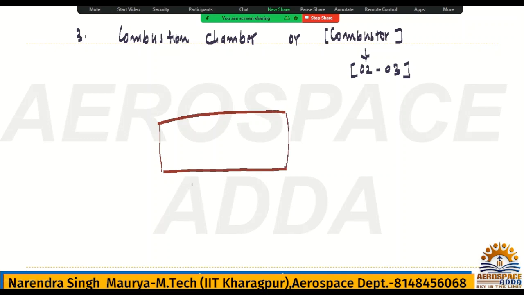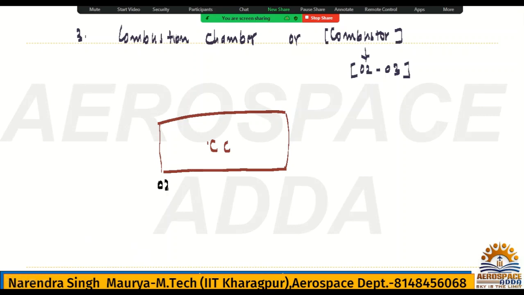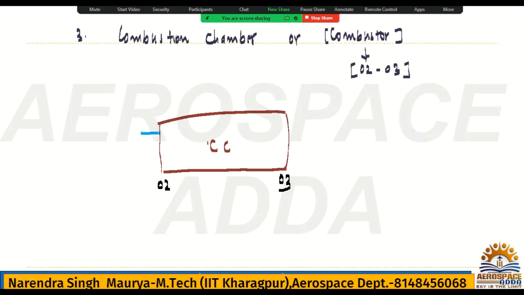Okay, in the combustion chamber, what is happening? This is the CC, the combustion chamber. Just focus on the points, 2 and 3. Very simple. Air will come from the compressor and enter the combustion chamber.